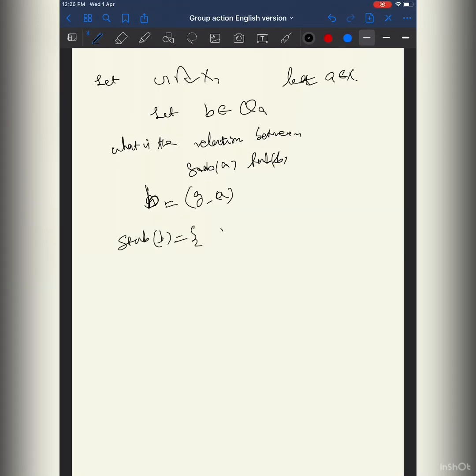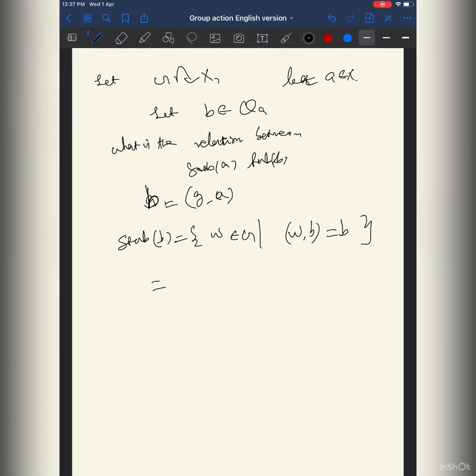The stabilizer of b is nothing but the set of all w belongs to G such that w·b equals b, it does not move.